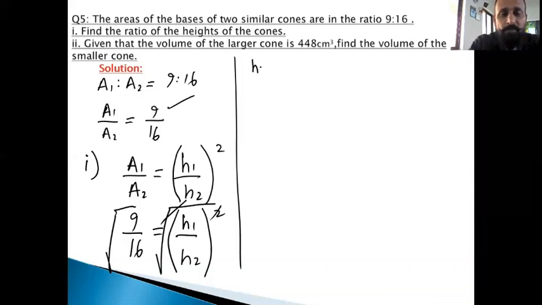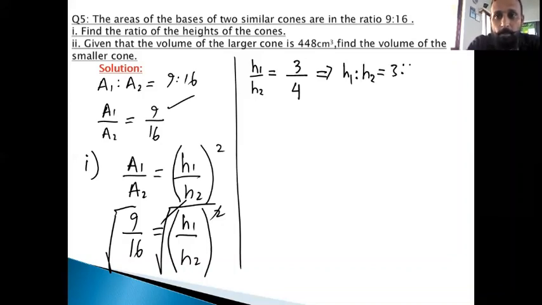So we have H1 upon H2 equals the square root of 9 is 3 and the square root of 16 is 4. That's our first answer. That is the ratio of the heights, H1 ratio H2, 3:4. So, dear students, this is your first answer.